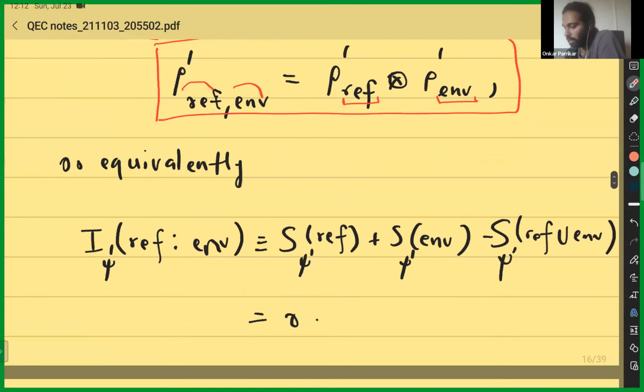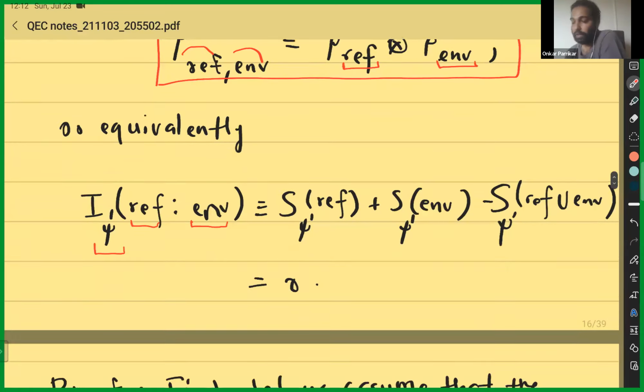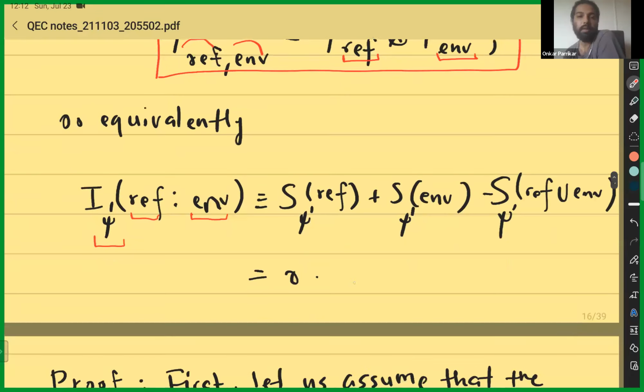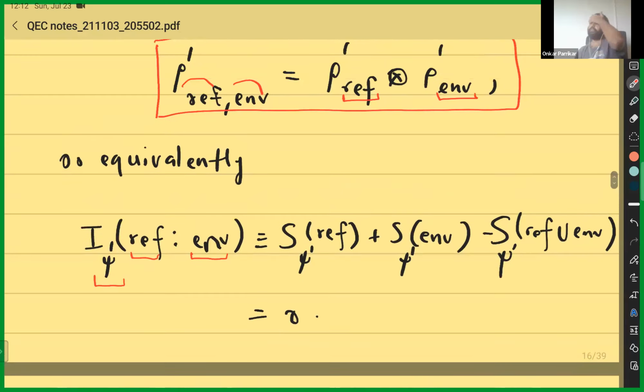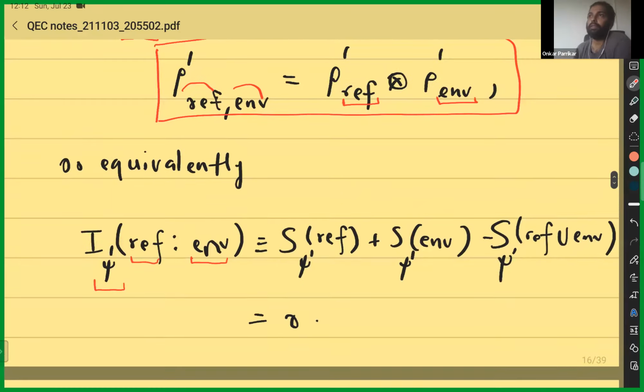A different way to say this is that the mutual information between the reference and the environment in the state psi prime is 0. And the claim of the theorem is that this condition is completely equivalent to the Knill-Laflamme condition. First of all, this connects up directly with the Ryu-Takayanagi formula, as we'll see in a few minutes.